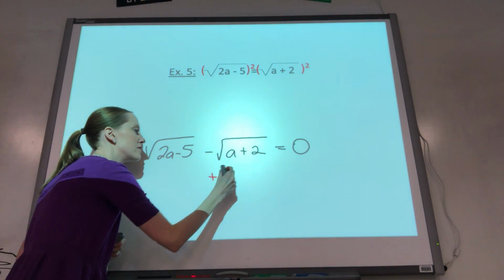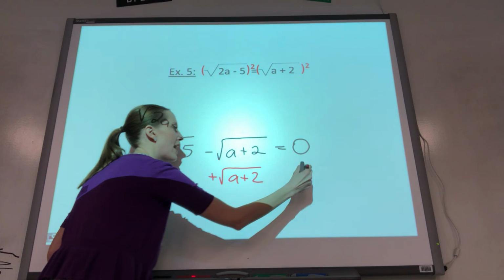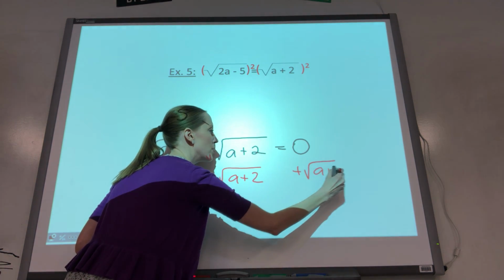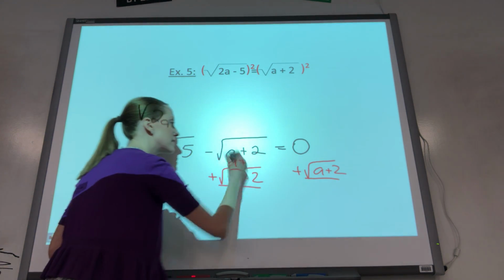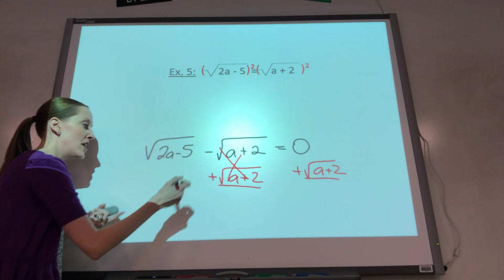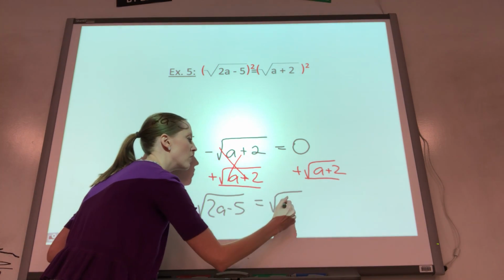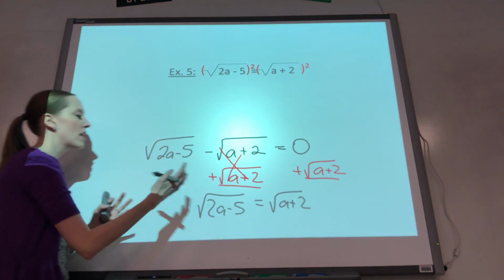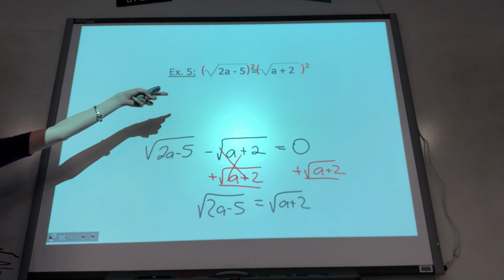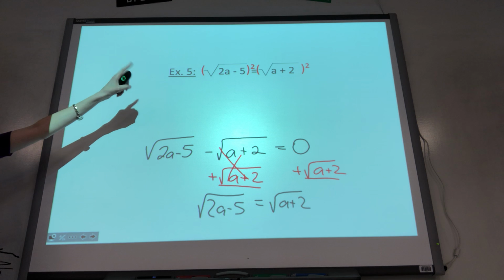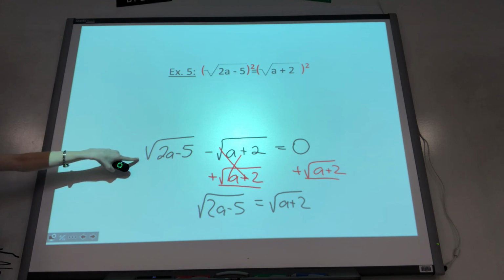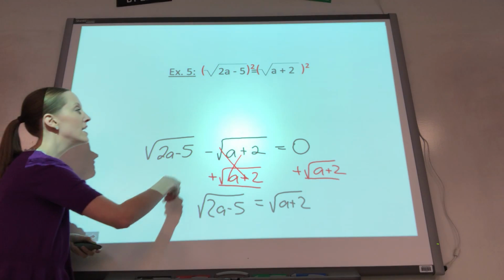You would have to add that second square root to the other side first. We had some like that in the notes, so you can go back and look at those. But once you get one on each side, then you can square both sides like we are up here. So again, you'll get your quizzes back in a little bit, but that's something you want to look out for.